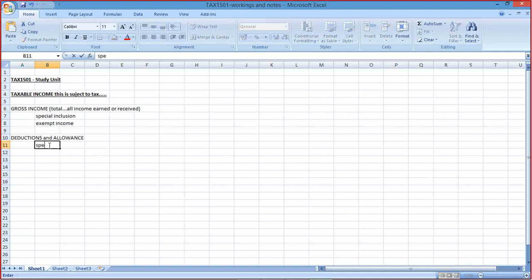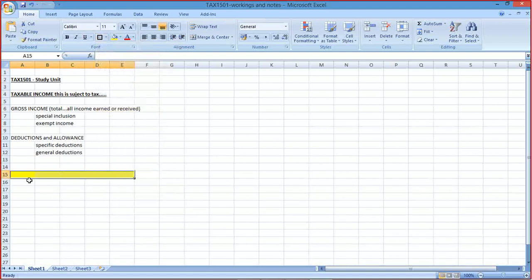Right, and deductions will either be specific deductions or you'll have general deductions. And then ultimately what you want to get is this, which is the taxable income. And the taxable income here will be subject to tax.